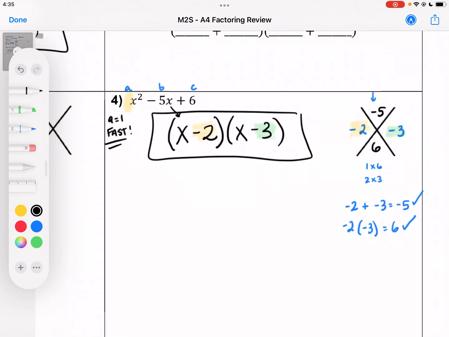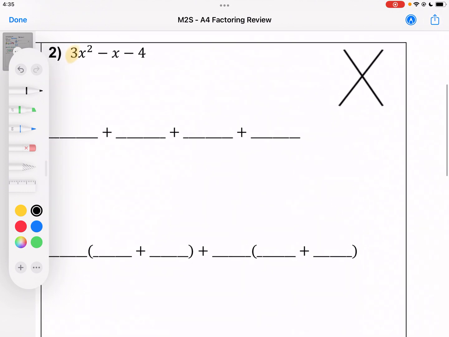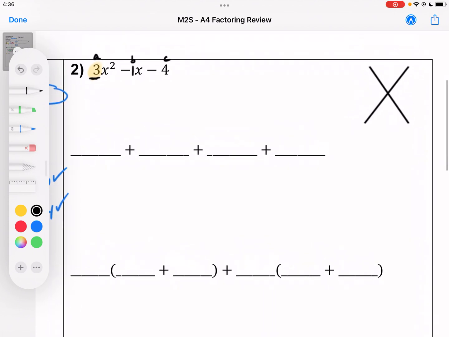So let's go ahead and do a couple more of the slow method problems to get that practice in. So number 2, we know it's slow because there's that number right here. So this is our A, B is -1, and C is -4. So we're going to put a -1 right here, and then our A times our C is -12. So 3 times -4.